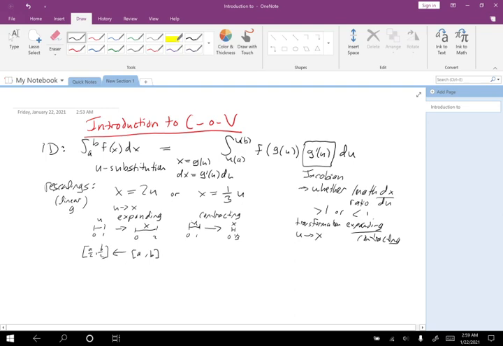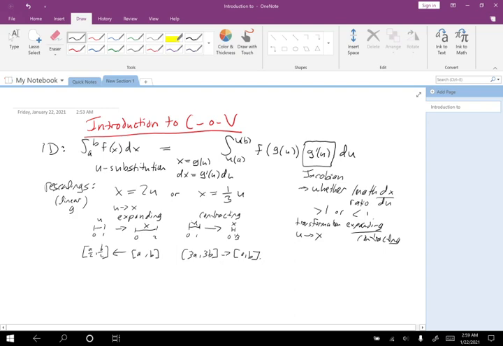So that expanding map, it maps a smaller interval to a larger one. And conversely, if you start with a big x, it becomes a smaller u. And if you go the other way, 1/3, you actually now have 3a and 3b. That's right, these are your u's. And now these become a, b in x. Because you start with a big u and you go to a small x.